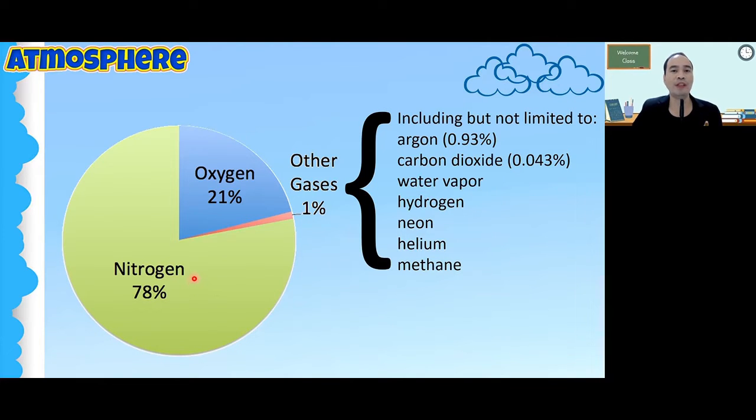Because if the nitrogen of a plant is very low, they will not grow that tall, or the flowers are very small, or the fruits are also very small, and then you might observe that the leaves are also yellowish.